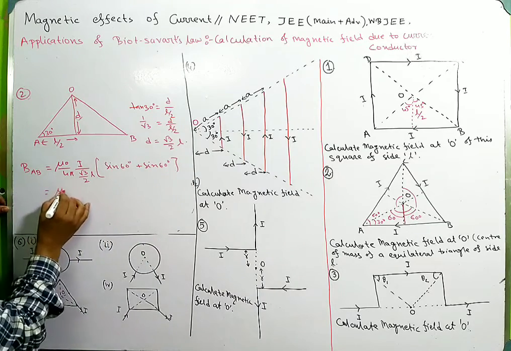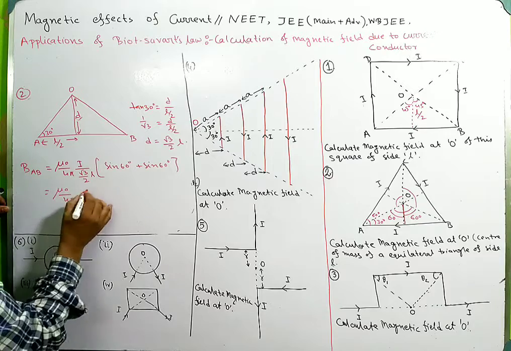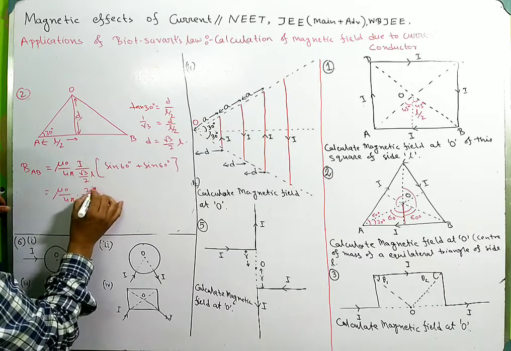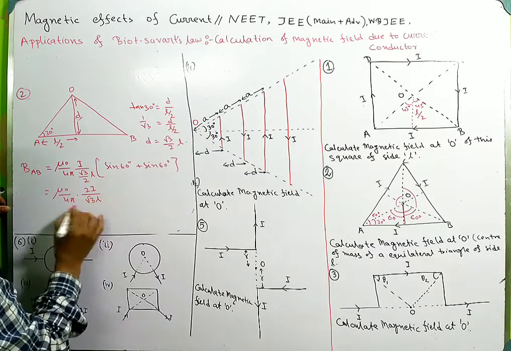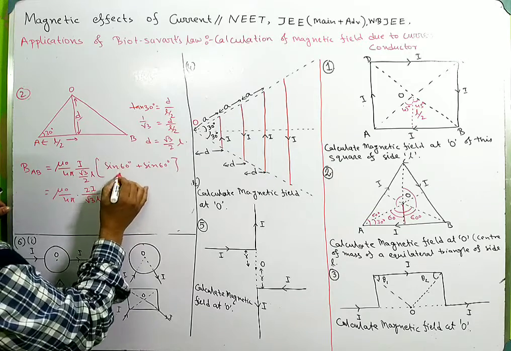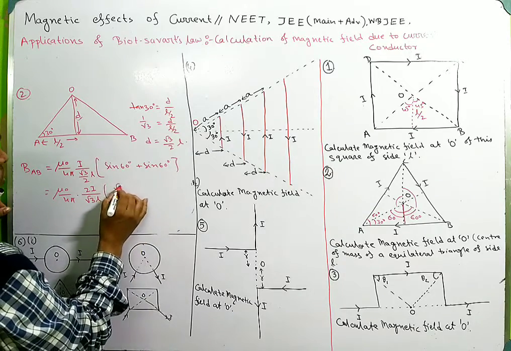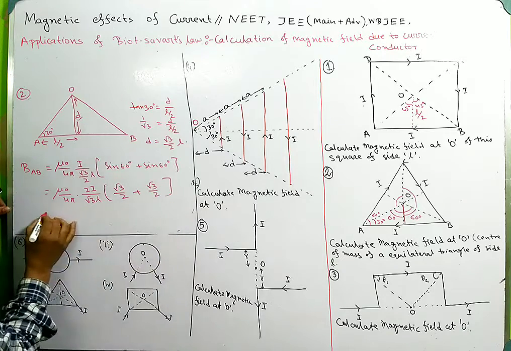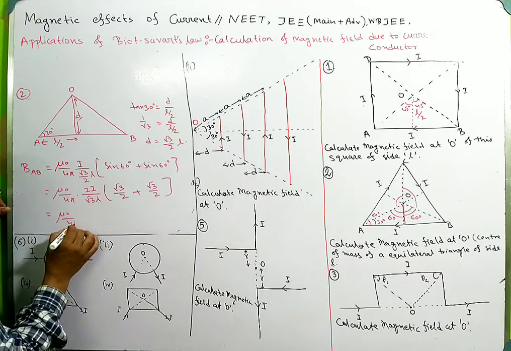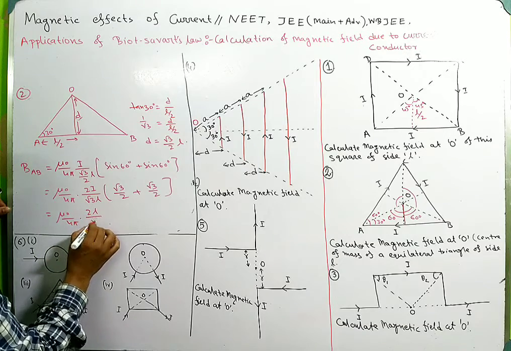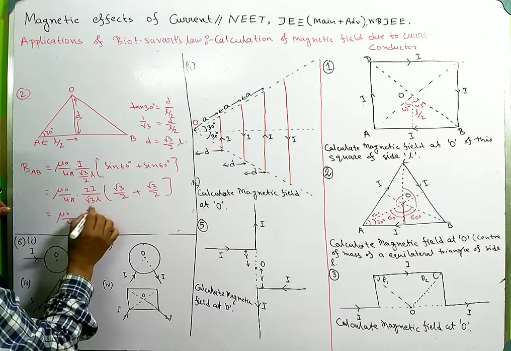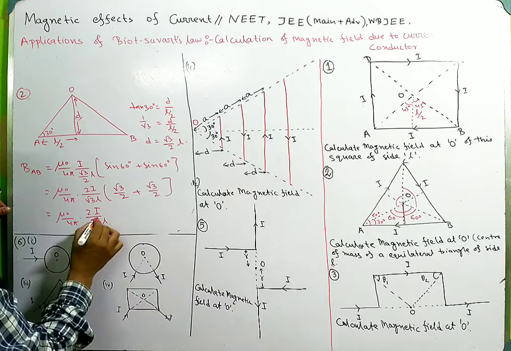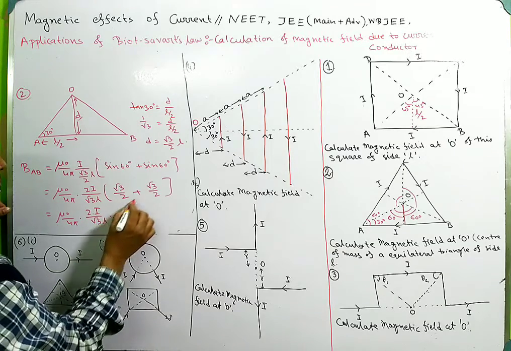So it will be mu 0 by 4 pi into 2I divided by root 3 L into root 3 by 2 plus root 3 by 2.